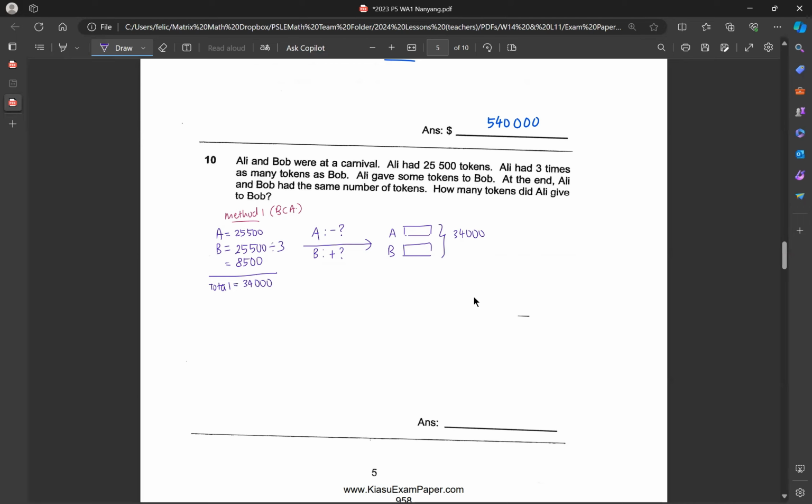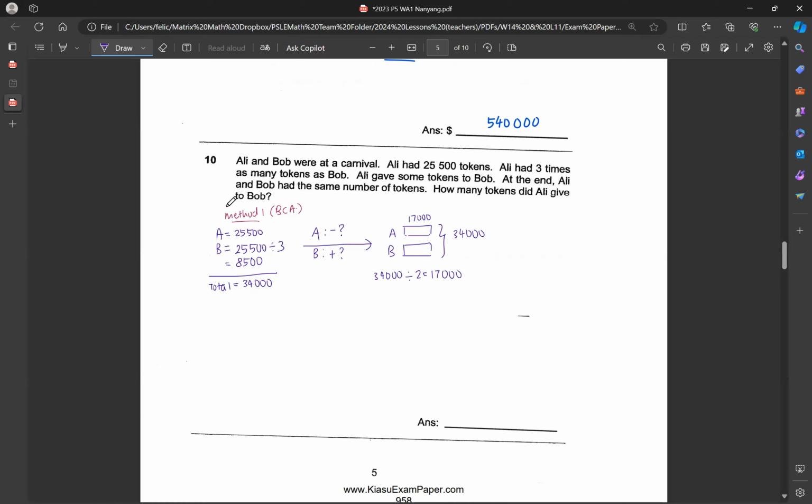Based on this model, we can now find out the value of 1 unit. Simply divide by 2. That means it's 17,000. Then from here, you can use either one to find out how many Ali gave to Bob.